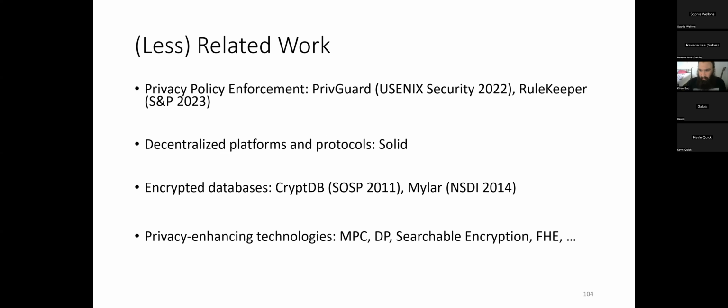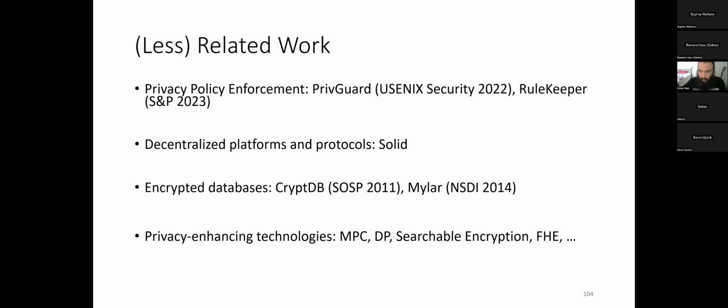And finally, there's a bunch of less related and mostly orthogonal works, but I'm putting them here for completeness and because I think there are interesting connections with them. First thing is we've seen a lot of new systems in recent years that try to enforce privacy policies. So stuff like an application will not use a phone number that a user gives them for two-factor authentication. It will not take that phone number and then use it for marketing.